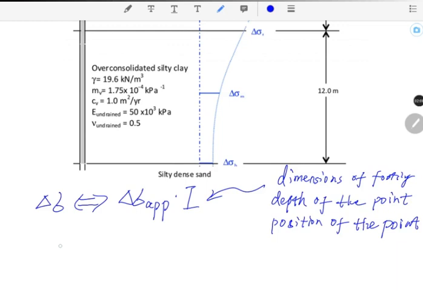And this delta sigma applied is equal to the total vertical load applied to the footing, P, divided by the area of the footing, minus delta sigma relieved by the excavation.